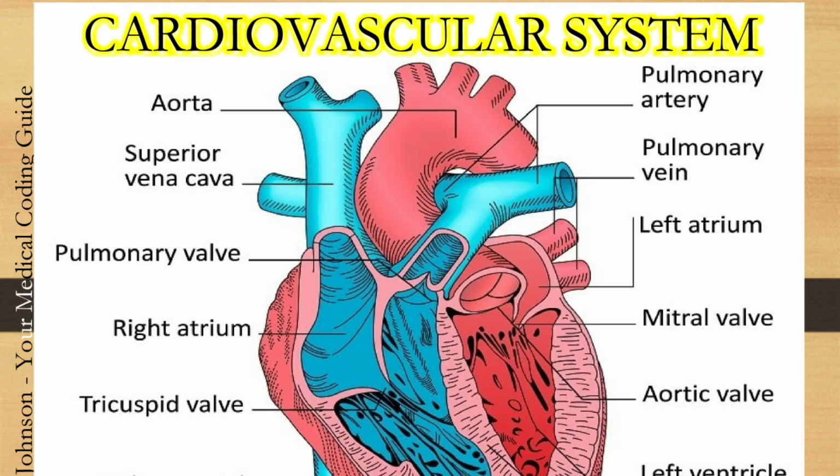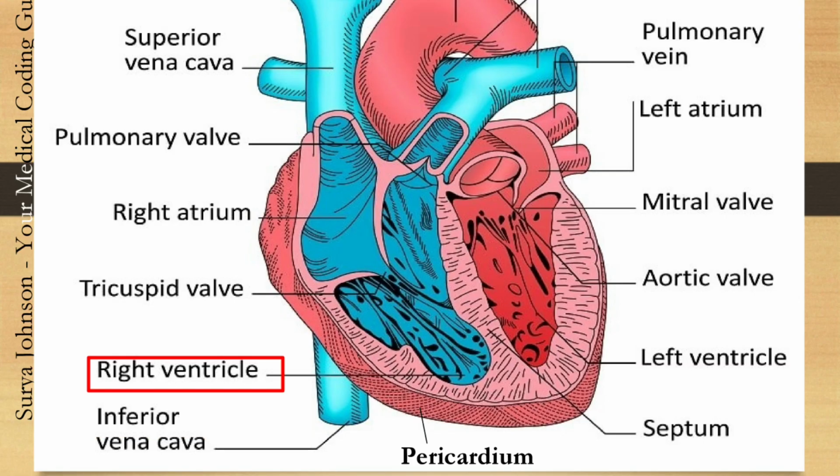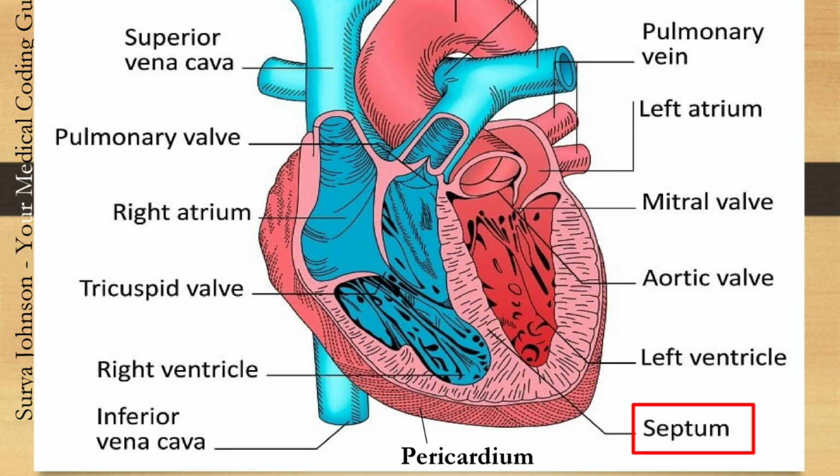The parts of your cardiovascular system are aorta, superior vena cava, pulmonary artery, pulmonary vein, left atrium, right atrium, pulmonary valve, mitral valve, aortic valve, tricuspid valve, left ventricle, right ventricle, inferior vena cava, septum and the pericardium.